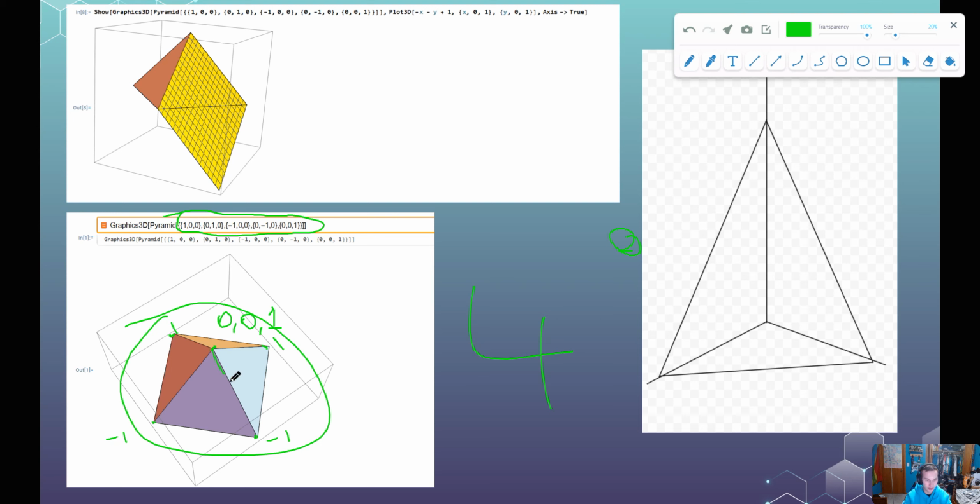So I took one of these triangular faces, and I put it up over here. And the way that I have this set up is that this is 0, 0, 1. So that's our top point. This is 1, 0, 0. And this is 0, 1, 0. Okay, so we're in the first quadrant of the XY plane, and we're in the positive Z.